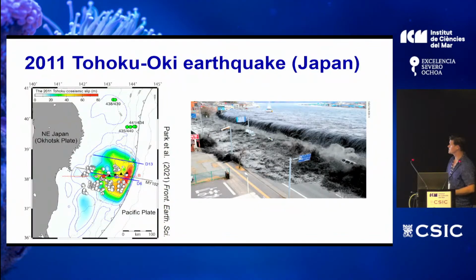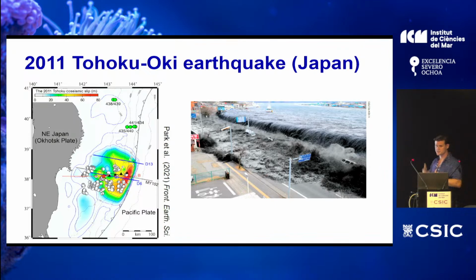Now, the last earthquake that I want to elucidate here is the 2011 Tohoku-Oki earthquake. This is the last study that I'm presenting over here. This is a very well-known earthquake, and it released a lot of energy near the trench.